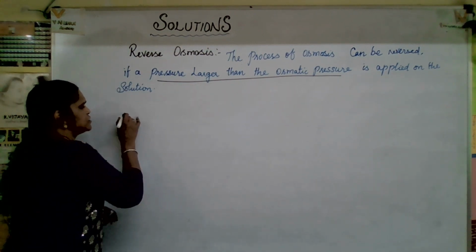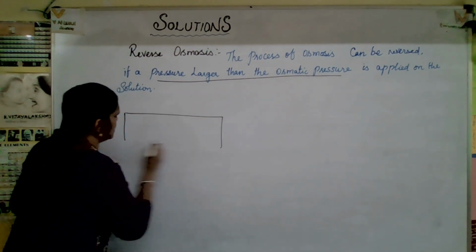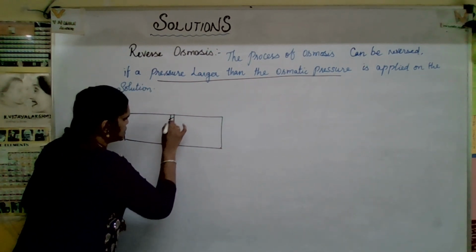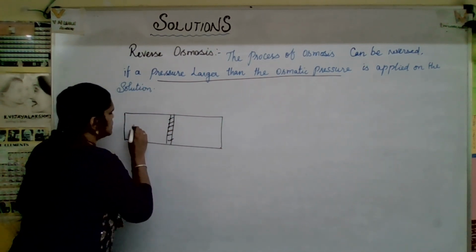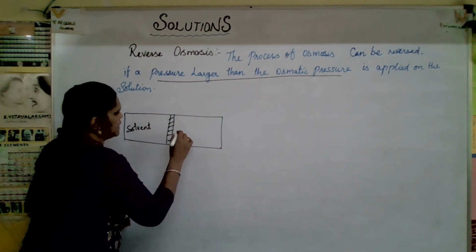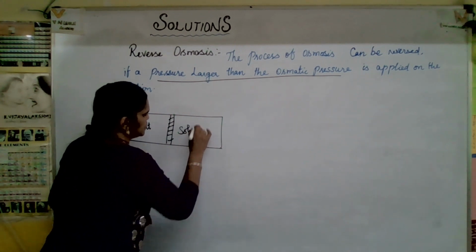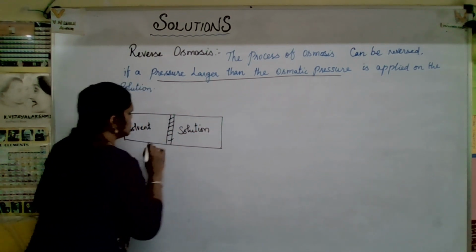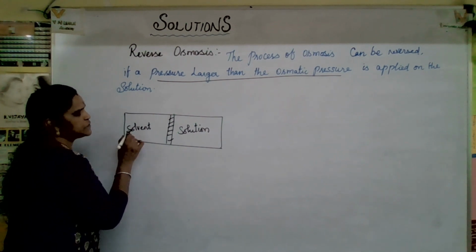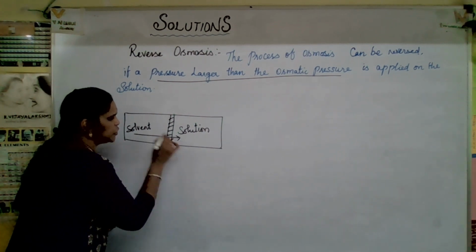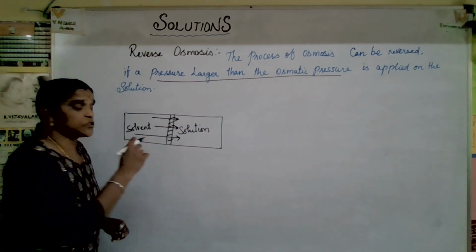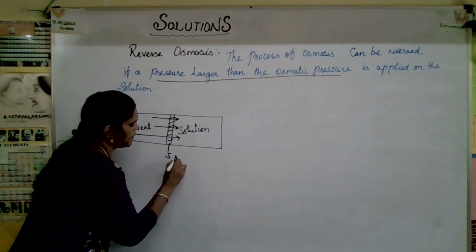Osmosis you know very well. This is the container, and in the middle there is a semi-permeable membrane. This is the solvent and this is the solution. The flow of solvent molecules from solvent to solution passes through the semi-permeable membrane.